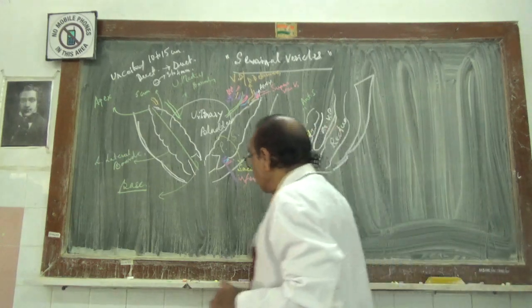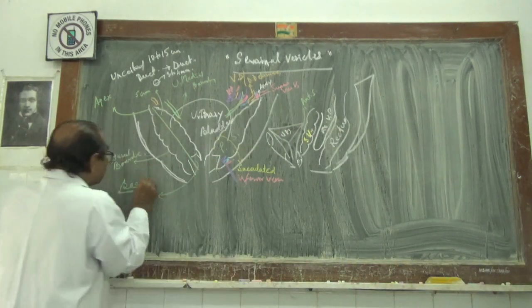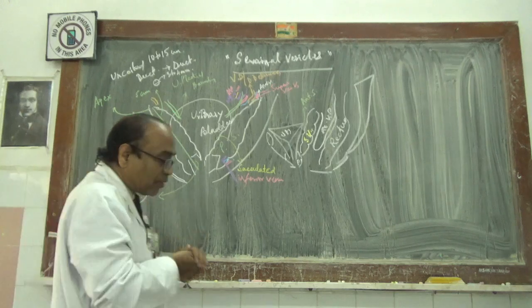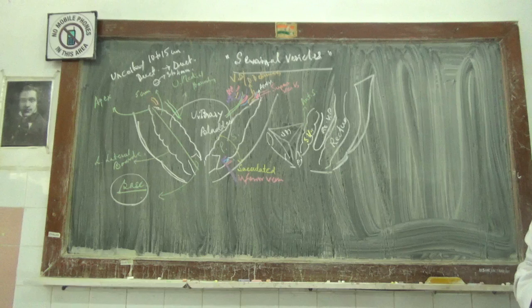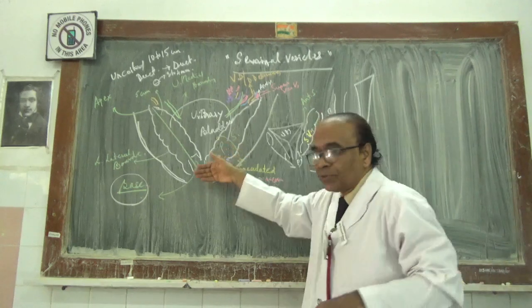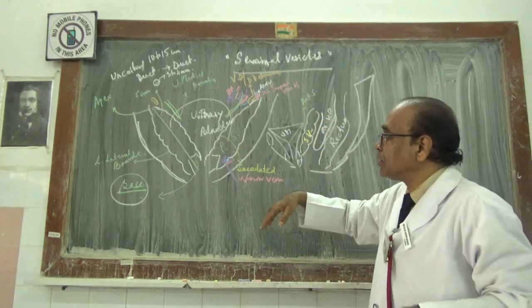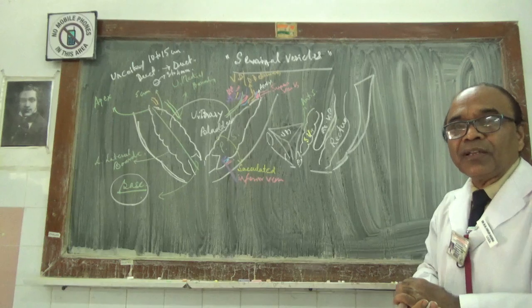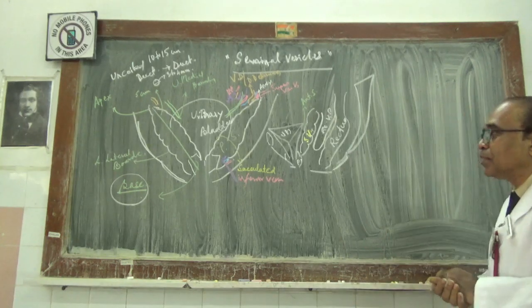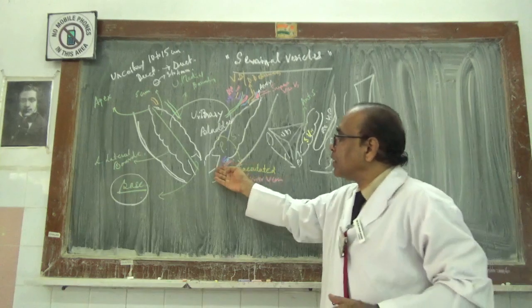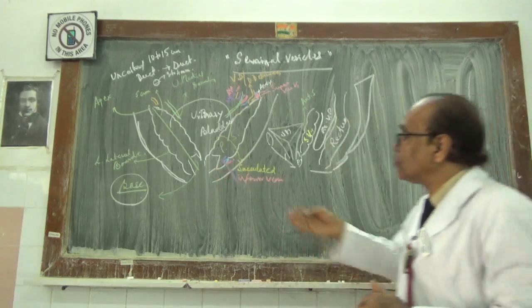Then you have got the base. The base of the seminal vesicle is directed backwards, downwards, and towards laterally. It is almost triangular.